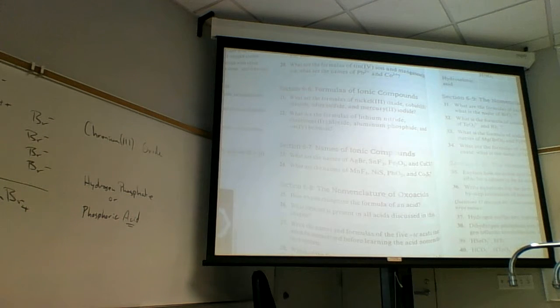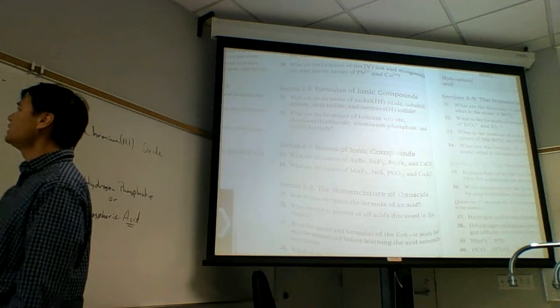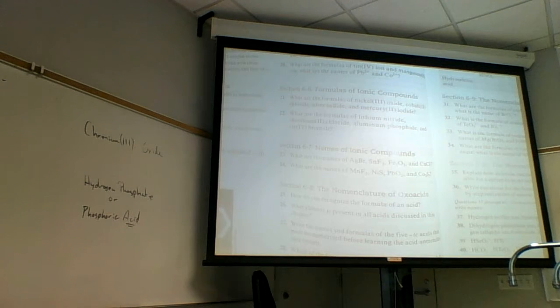So we always go with the oxide, unless it's impossible to go with the oxide. And so if we go with the oxide, then lead's got to be 4+. And so this is going to be lead 4 oxide. And that's what it is. It's lead 4 oxide.